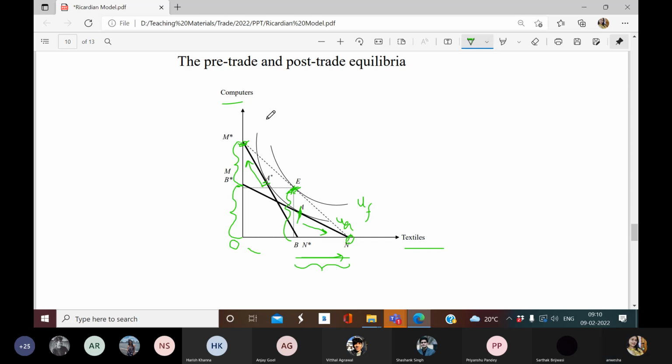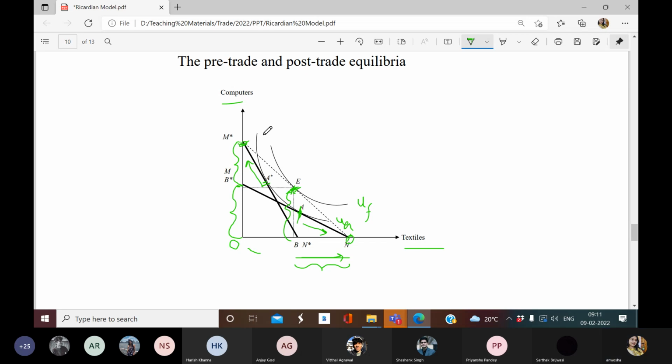Since you are completely specialized, you are earning more and you are able to afford increased consumption. But if you are not completely specialized and your post-trade price is still equal to your pre-trade price, you will not be able to derive any gains from trade.